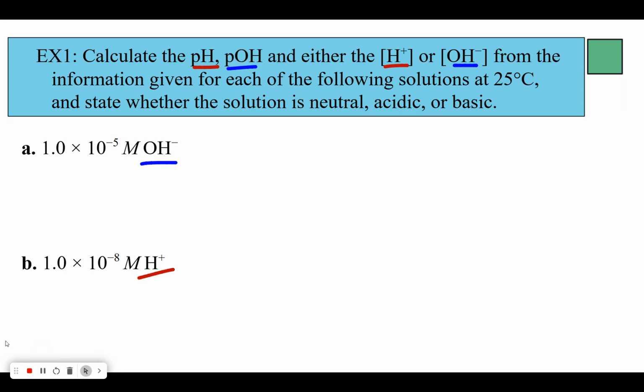If we've got the H, then we're going to look for the OH. If we've got the OH, we're going to look for the H, just to fill out all four of those key quantities that we can calculate for pH from that map. And then we're also going to make sure to come back around before we move on at least and classify our solutions as neutral, acidic, or basic.